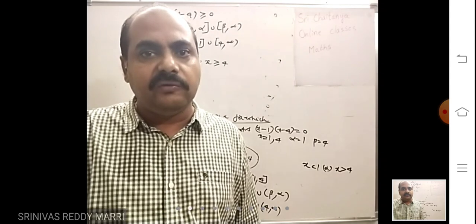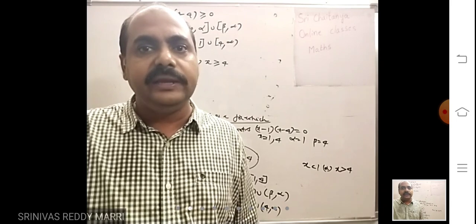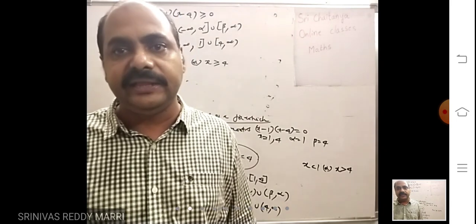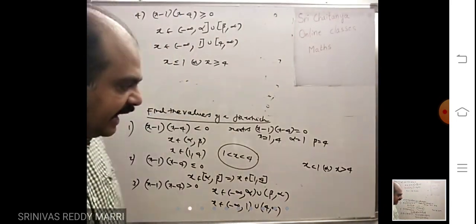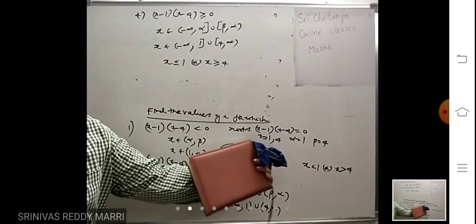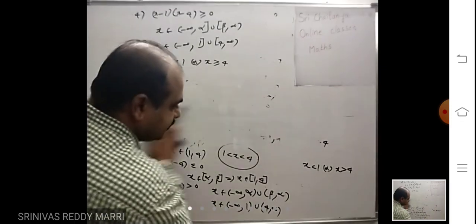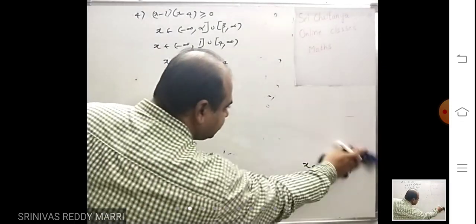Right? Greater than or equal to 0: minus infinity, comma alpha closed union closed beta, comma infinity. That's all. Right? I have given factorized form, so you have to factorize. I have given directly factorized form. Look at some models where you have to factorize and bring it to this form.